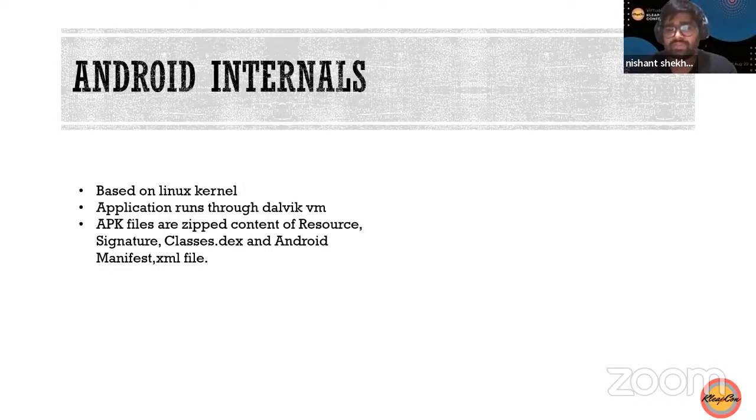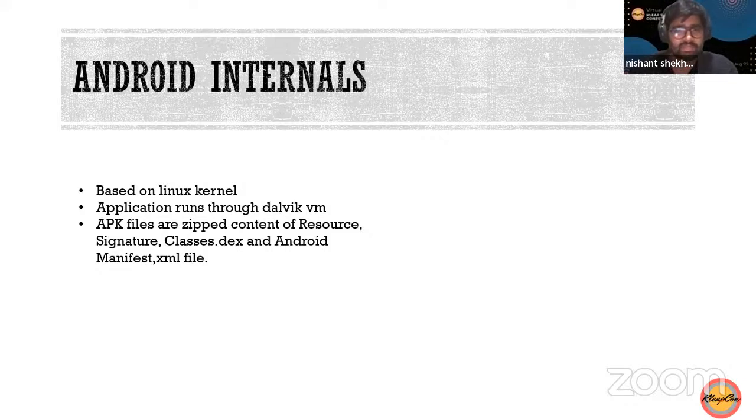That's why most of the malware attacks on mobile applications happen on Android, because it's open source and very easy to understand, but it's not that it can't be secured.